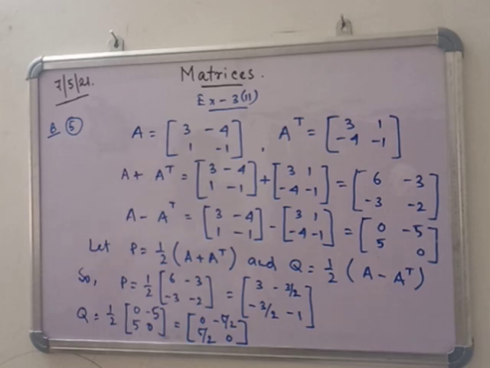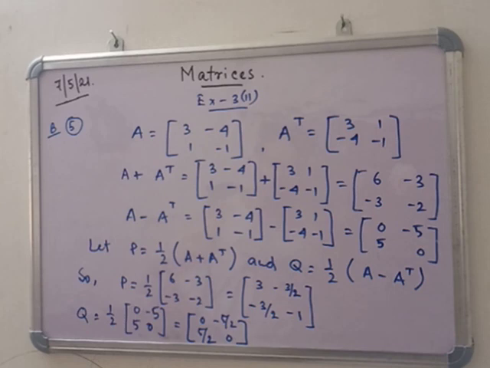Now, A plus A transpose is 2P. If A equals P plus Q, you can check by the theorem: P equals 1 by 2 of A plus A transpose, and Q equals half of A minus A transpose.